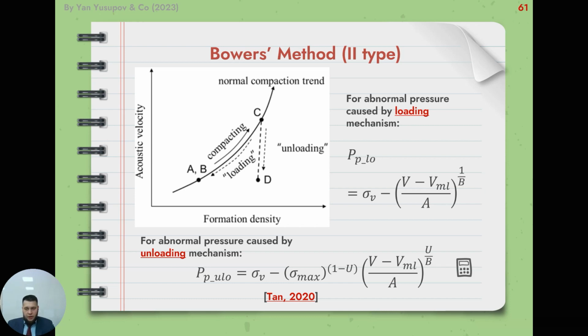Bowers calculated the effective stress from measured pore pressure data of the shales and overburden stresses and analyzed the corresponding P-wave velocities from well logging data in one of the deposits of the Gulf of Mexico.